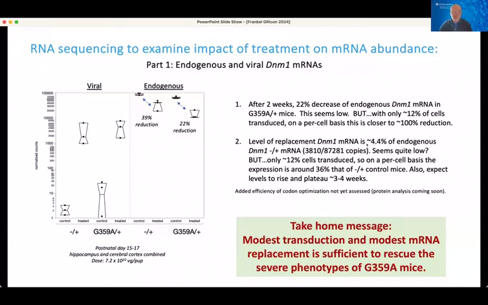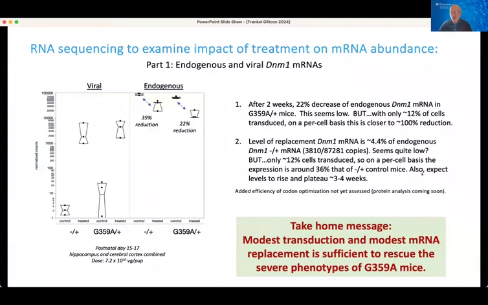The level of replacement was also a little surprising. The viral RNA was less than 5% of the endogenous. That also seemed quite low, but again, you do that back calculation about the percent of cells transduced, it comes up to about a third the level of these control mice.